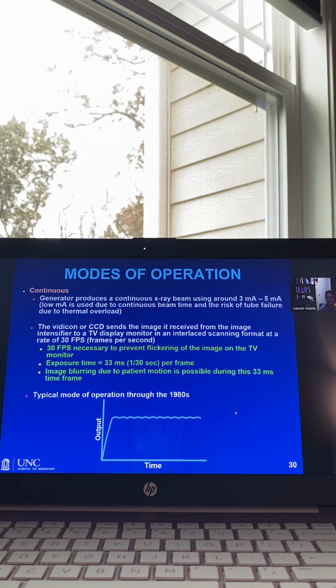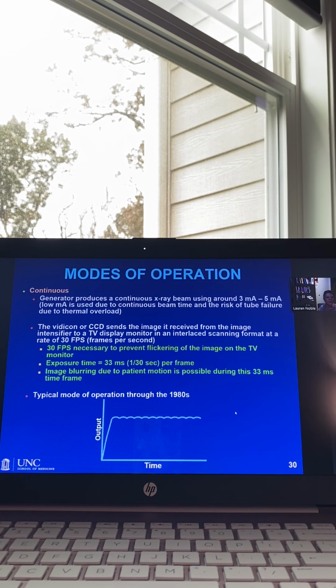And so it operates at a low mA, 3 to 5 mA. So our unit in the lab operates at around 3 to 5 mA. So if we press the exposure switch for fluoro, it's got about 3 to 5 milliamps running through the circuitry. Very low amperage, because we don't want to overload the tube and cause damage to the anode.